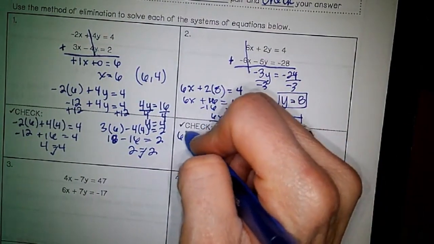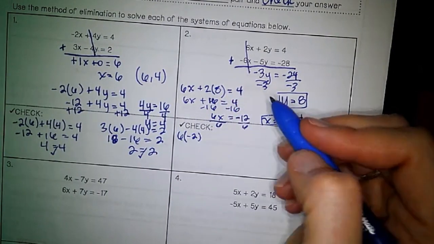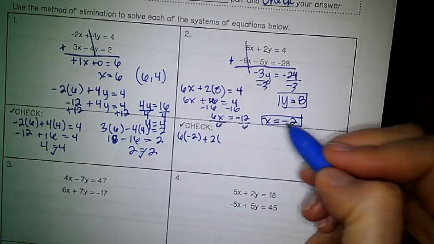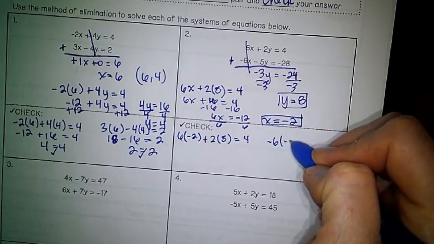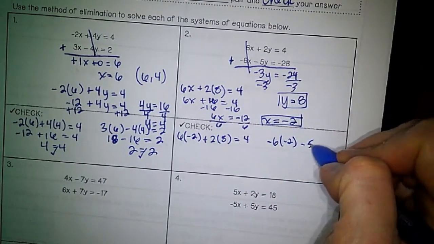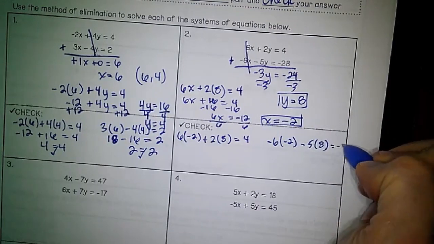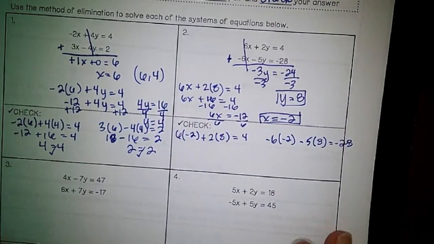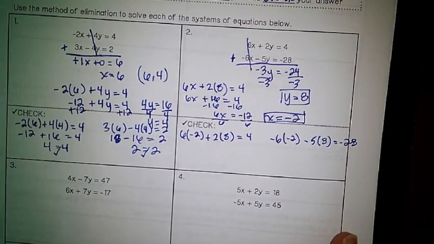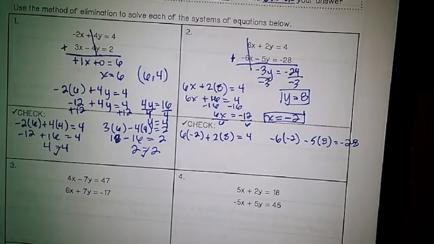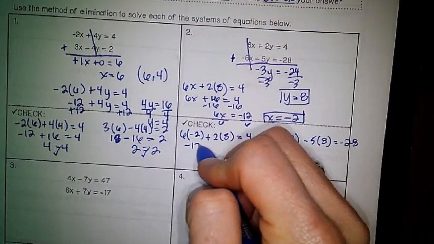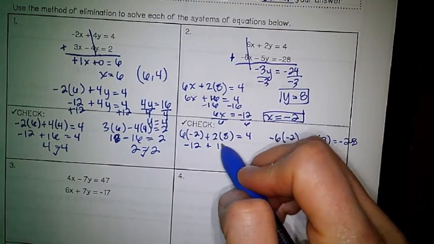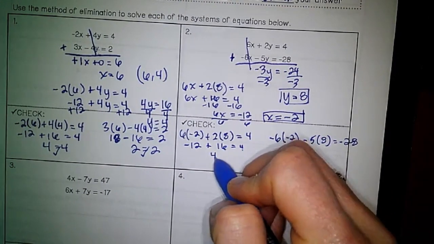6 times negative 2 plus 2 times 8 equals 4. Negative 6 times negative 2 minus 5 times 8 equals negative 28. I am checking my answers. 6 times negative 2 is negative 12, plus 2 times 8, which is 16, equals 4. 4 equals 4, correct.